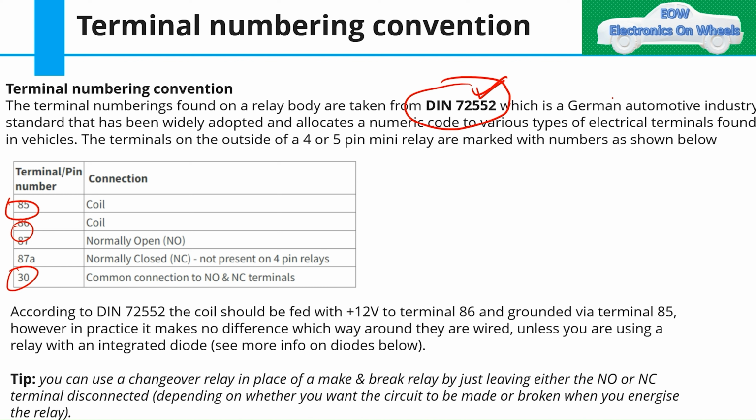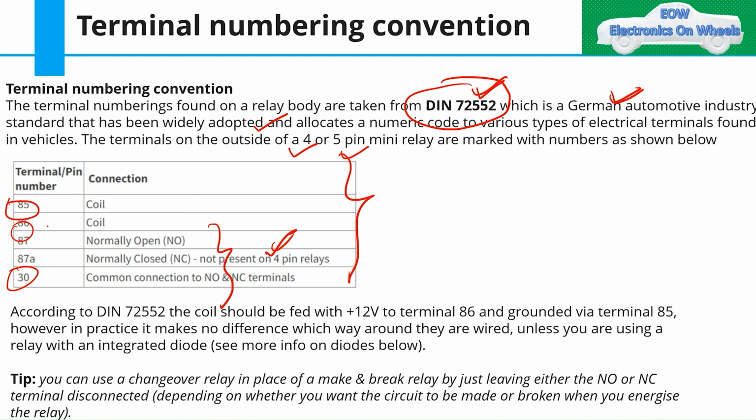It is a German automotive industry standard, widely adopted, and allocates numeric codes to various types of electrical terminals found in a vehicle. So it is not only for relays; there are other standards also where other components have these numberings. For a 4 pin or 5 pin relay, for 5 pin you will use 87A, that is the extra one, and for 4 pin you will not have it.